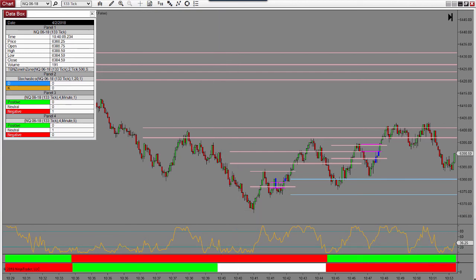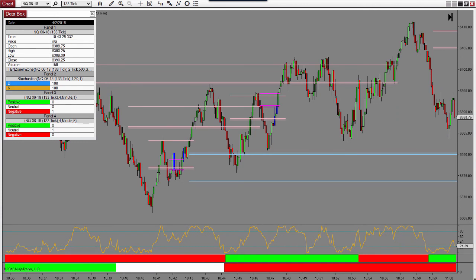Actually, 27 points. Look at this. Got divergence right here. And you got one green, one red. There's your entry. So you would have back-to-back winners there.